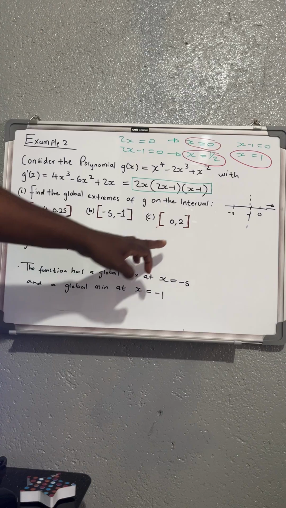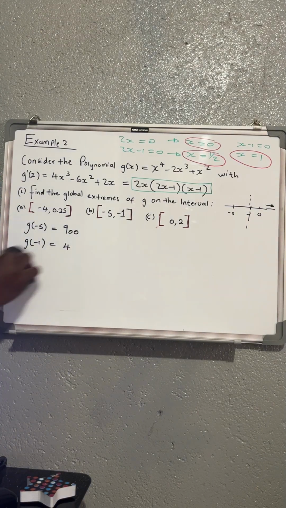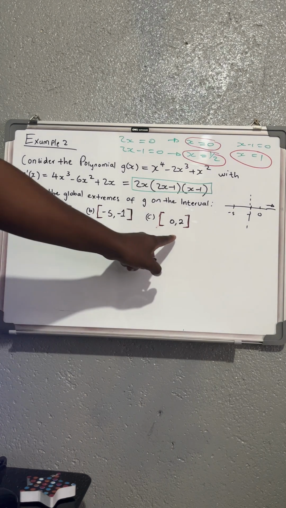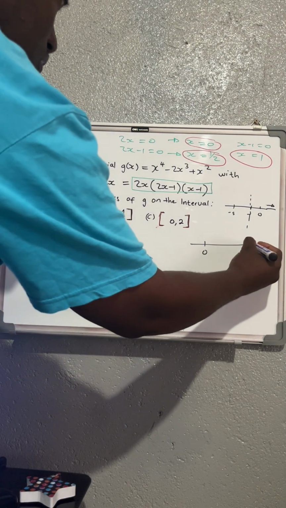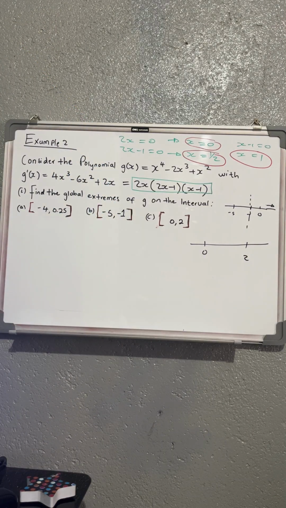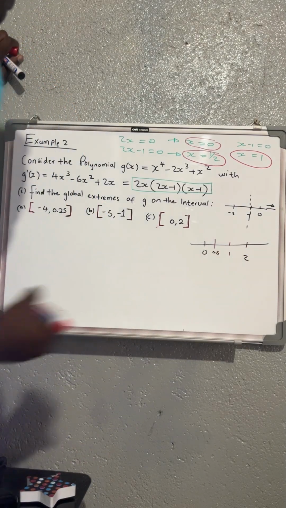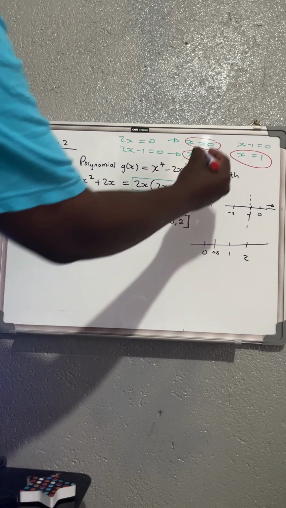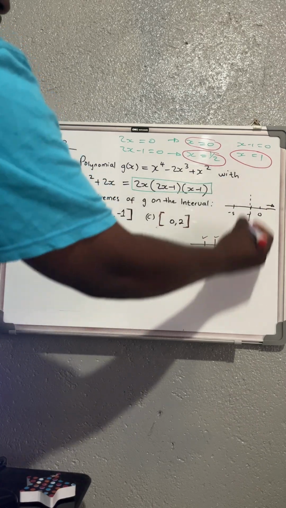Now you have to move to the last one. We have the range between 0 and 2. If we put it on a number line, we have 0, we have 2, and in the middle we have the 0.5 and also the 1.